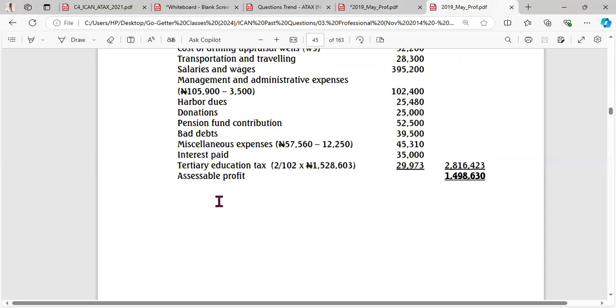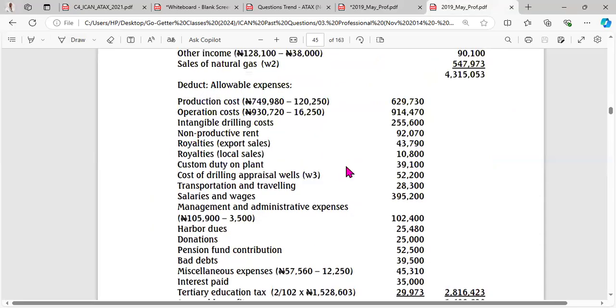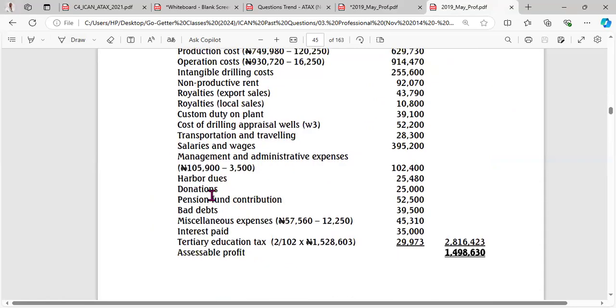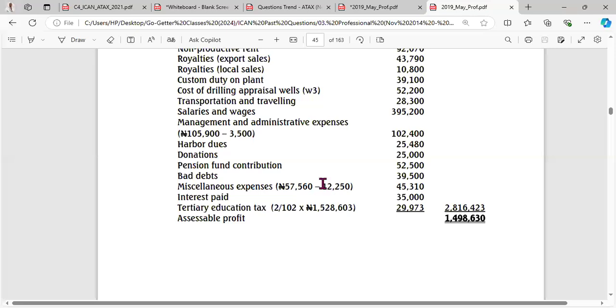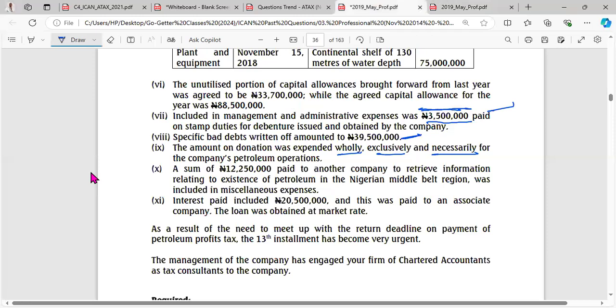I can't see it here. They say miscellaneous. Okay. Oh, it's even disallowable. I beg your pardon. It's correct. The sum paid to another company to retrieve information relating to the existence of petroleum is... I remember when we were discussing part one, it was included among part of the disallowable.